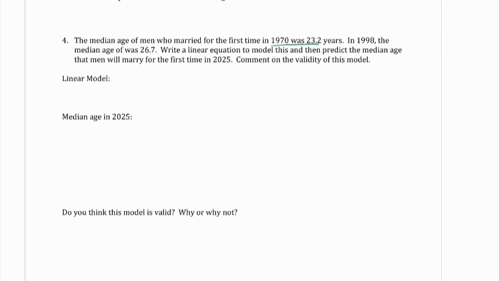Okay, so again, I see these two groupings of data here. Those are going to be our 2 points, right? So in 1970, the age was 23.2 years, and in 1998, the age was 26.7 years. So again, we can use this to find our slope and then find our equation. So we'll start with our slope. I'm going to do change in y, so 26.7 minus 23.2 over our years, 1998 minus 1970.